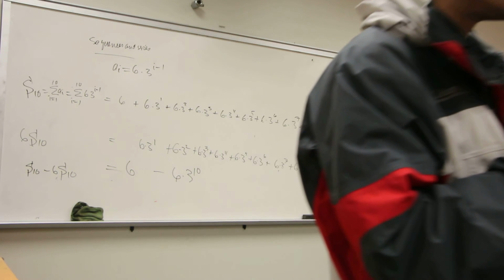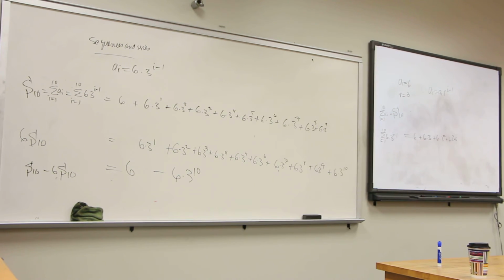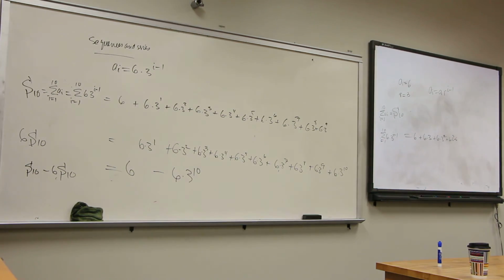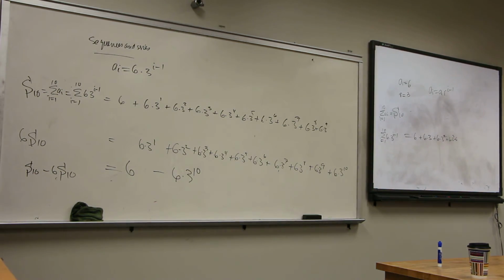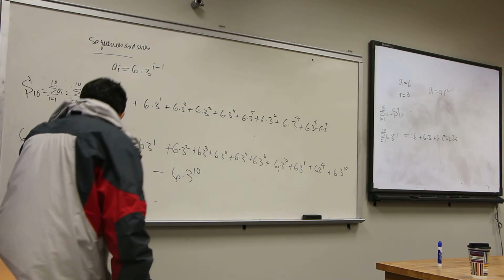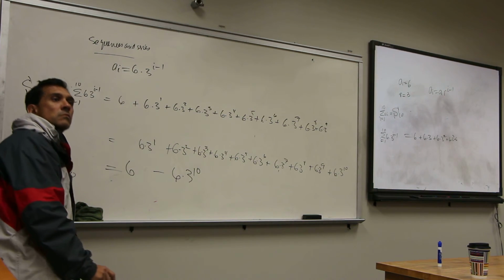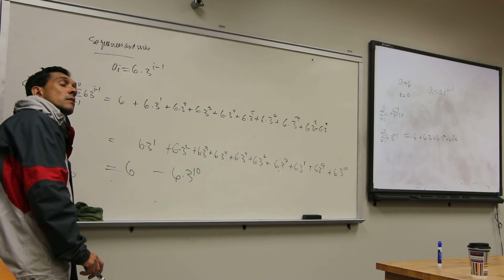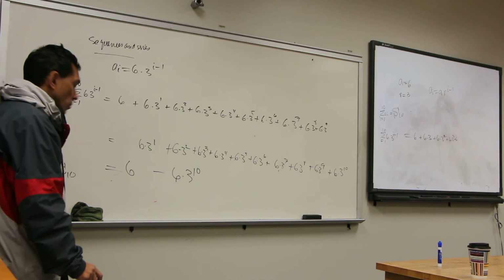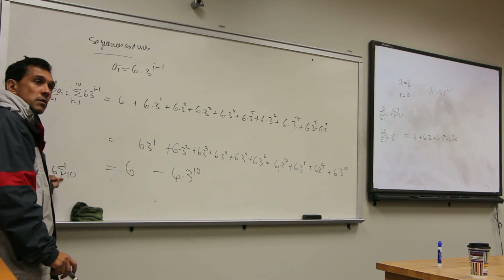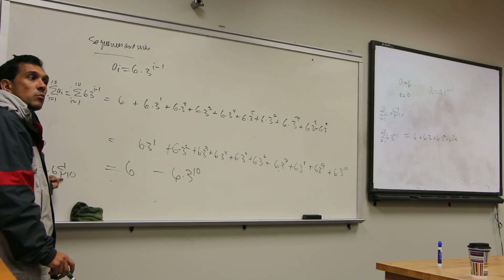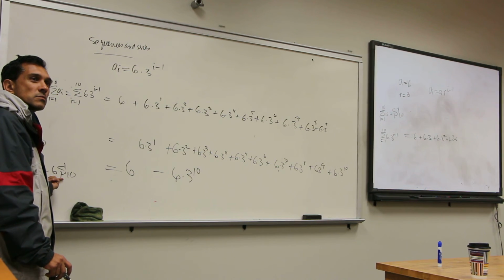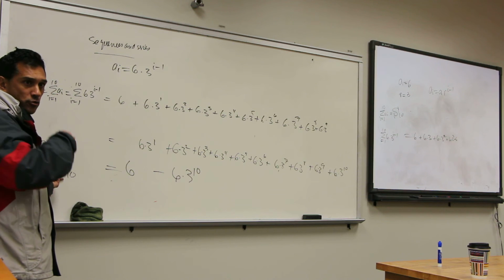And what do I want? I want this creature here. Everyone with me. What is the next step? What do your college algebra friends do? Factor it out.